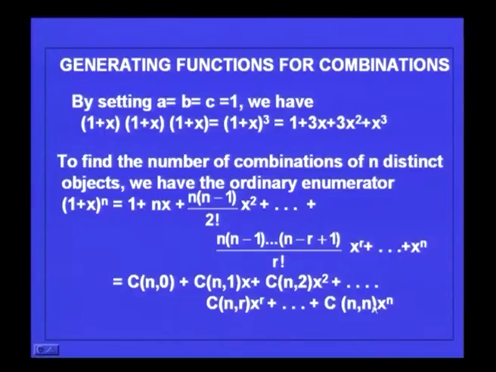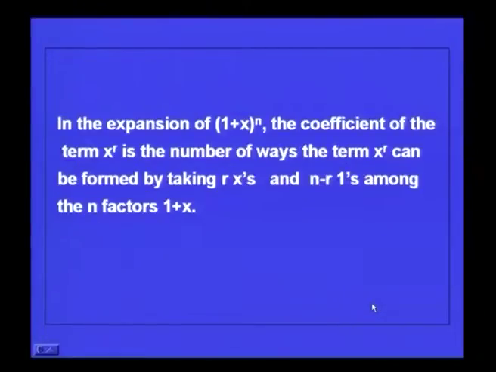Of course, the last term, the number of ways of choosing all the n objects out of n objects, is 1, Cnn is 1, that we know. In the expansion of (1 plus x) power n, the term x power r can be found by taking r x's and n minus r ones among the n factors (1 plus x). So, you are selecting r objects and leaving out n minus r objects out of n objects.